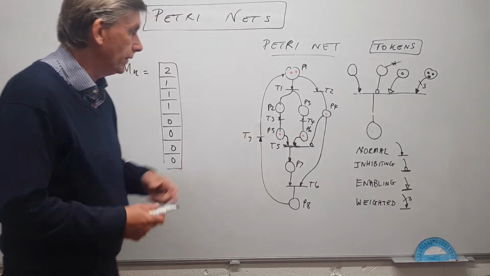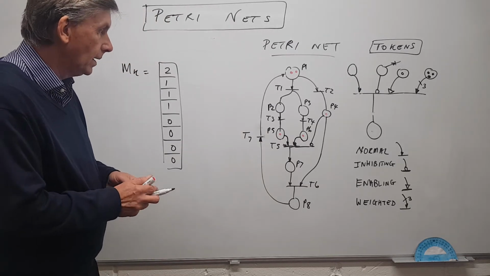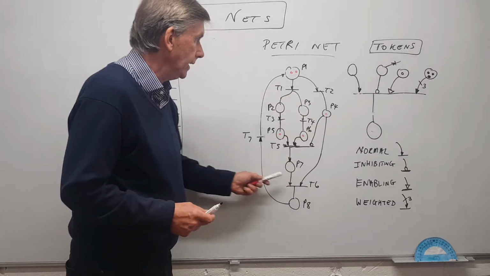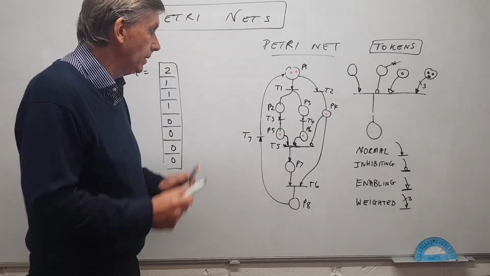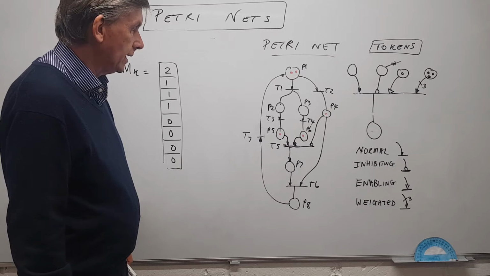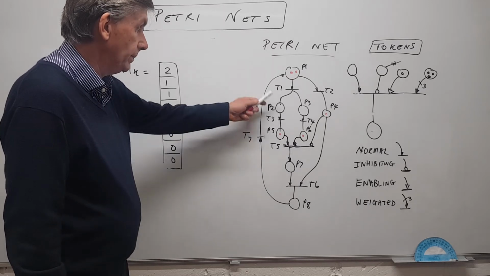This particular type of arrangement is called a deadlock. So it's a situation that if you get into, then the whole Petri net locks up. So clearly this is a deadlock situation, which would be dangerous.